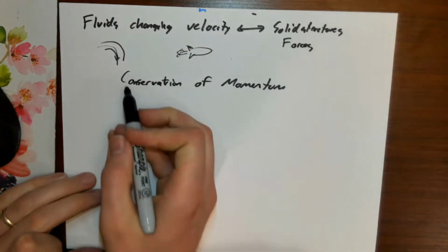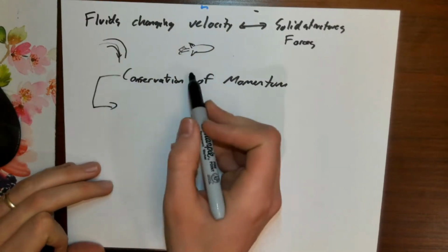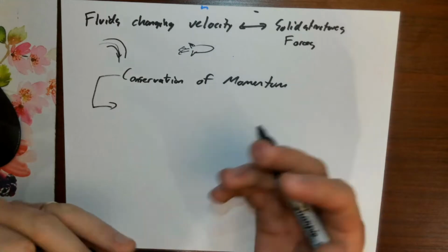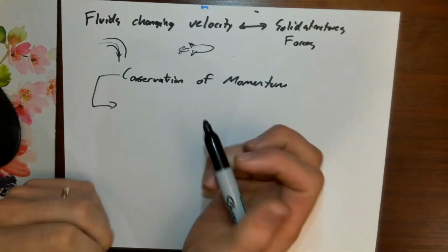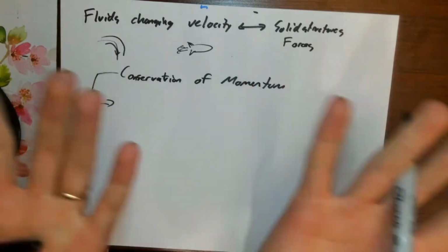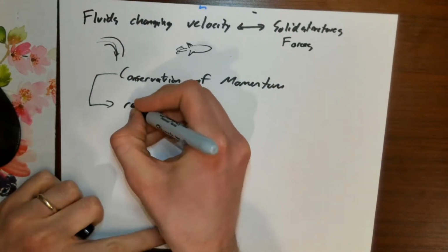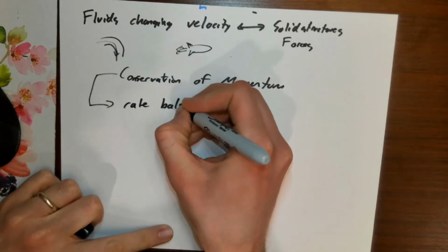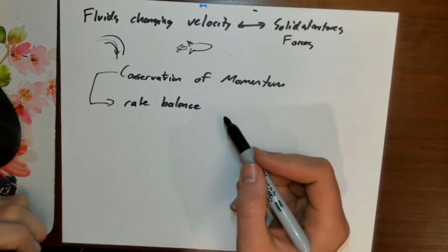So the rest of this lecture is going to be a discussion of conservation of momentum. And if we talk about conservation of momentum, we're going to do so in this general framework of conservation of something, right? Just like anything else, we're going to treat it as a rate balance. So what is the rest of this lecture going to look like?